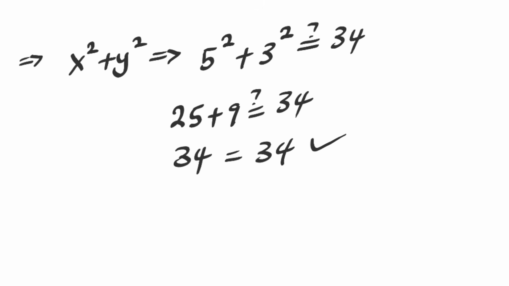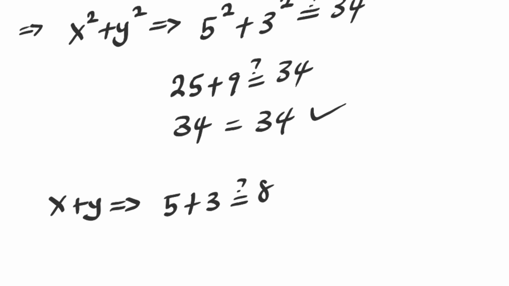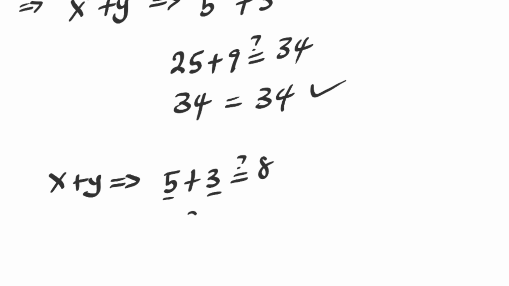Let us consider this. x plus y, this is 5 plus 3, must be equal to 8. And of course, 5 plus 3, this is 8, is equal to 8, which is true.